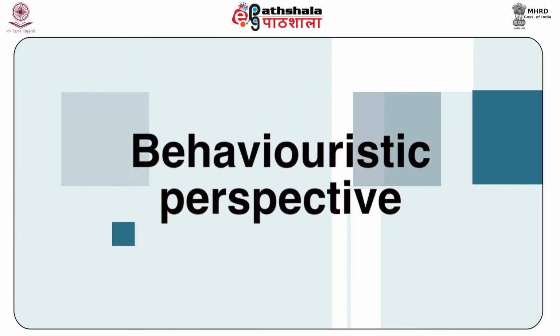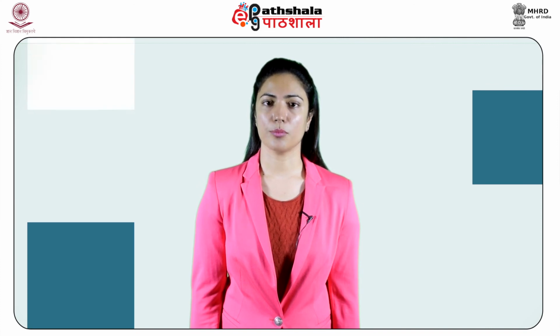Behaviouristic perspective. Behaviorists basically emphasize the role of learning in the acquisition of maladaptive behavior, which causes psychopathology. They do not try to account for the onset of schizophrenia, but focus on how the behavioral symptoms of different types of schizophrenia might be shaped through the process of reinforcement and extinction.